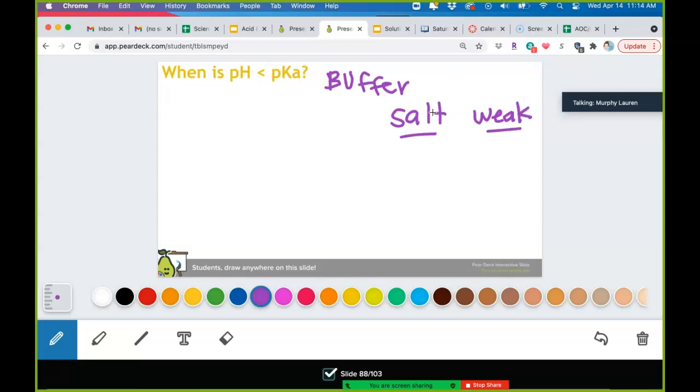So we want to know who we have more of when this happens and who we have less of, right? Because the buffer consists of these two parts. So in order to do this mathematically, we kind of need to talk about the Henderson-Hasselbalch equation. Okay, the salt is on top, which is the conjugate, and then the weak species is on the bottom, always.